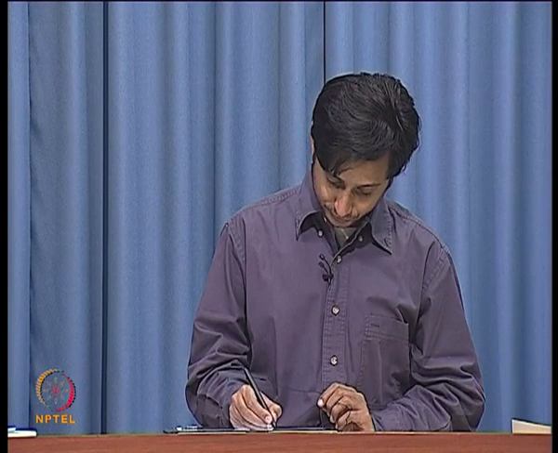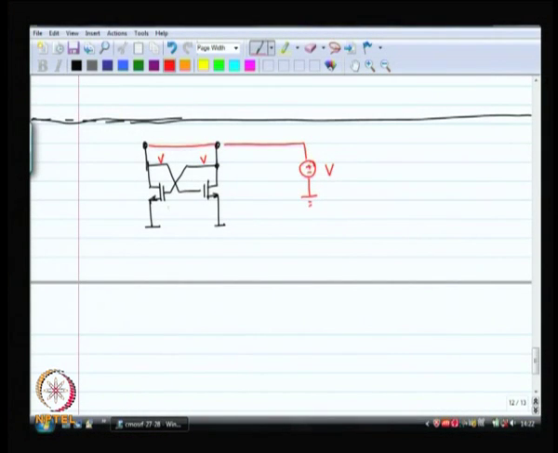So, this voltage is V over here, this is V over here, this is also V and this is also V. Okay. And when you replace the transistor with its small signal equivalent model, it is easy to reduce this whole circuit into just this. Two devices now.